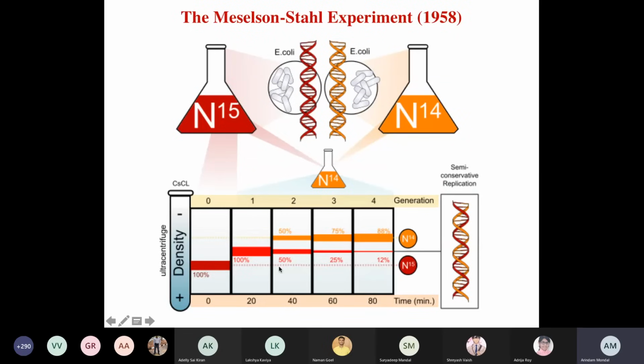What has been observed falls in line with the semi-conservative mode. That's a great question. If you want to create the pattern for the conservative mode, go ahead and draw it. You should see that it is completely different from what was observed by Meselson and Stahl.